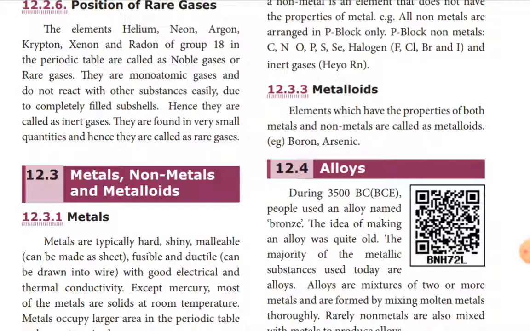Elements which have the properties of both metal and non-metal are called metalloids. You are going to see that in the D block, and the P block elements, which have the highest variety, having all types of metal, non-metal, and metalloid, like silicon, germanium, antimony, tellurium, polonium.